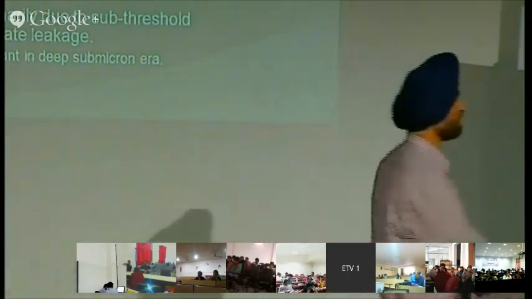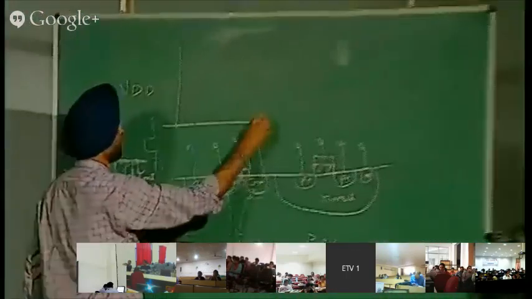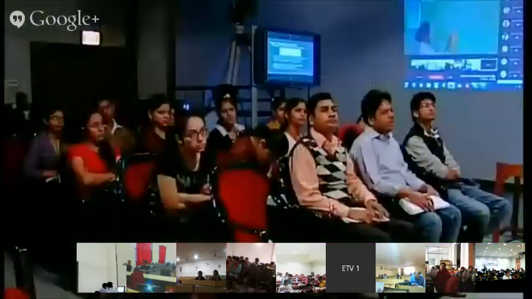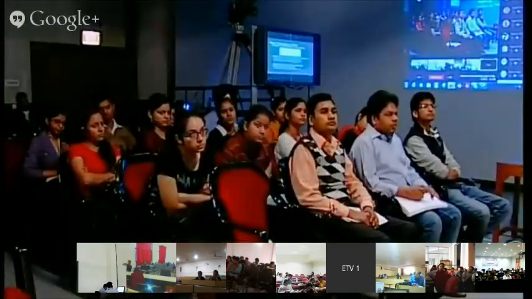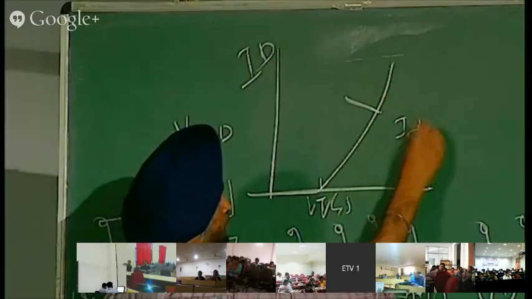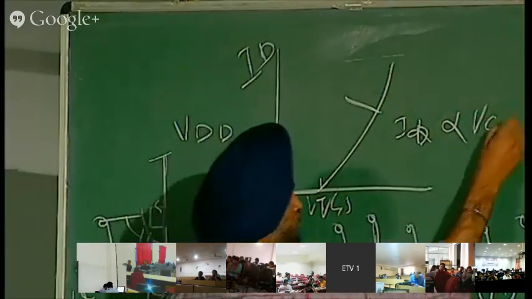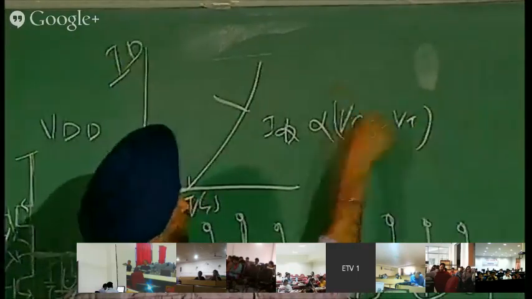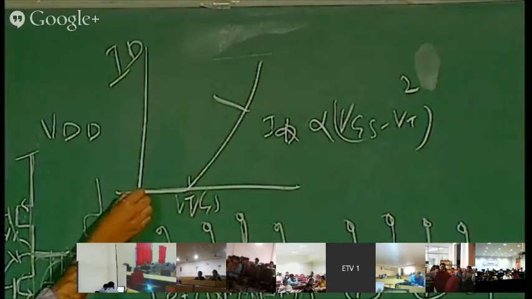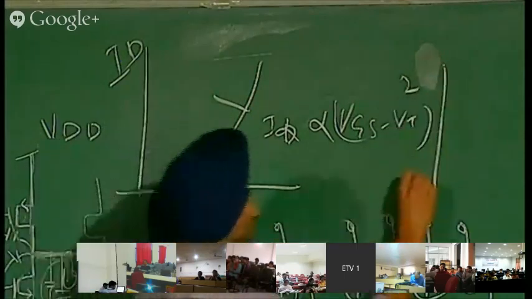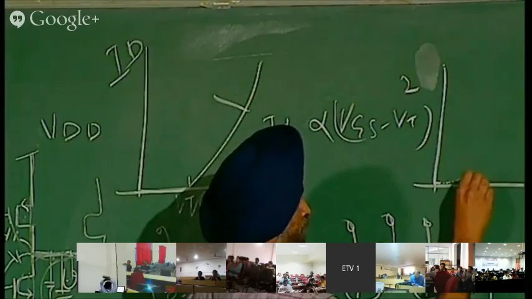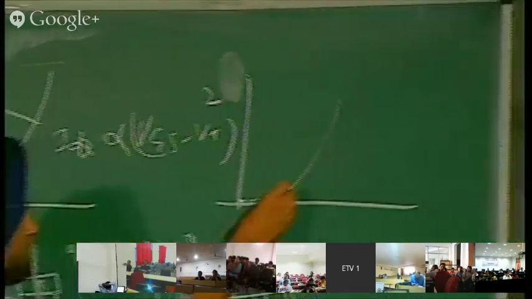So normally in the books, we draw ID versus VGS, this is VT, and we show that this curve ID is proportional to (VGS minus VT) square. This is okay, but it is not exactly like this. Basically, there is some current always flowing like this. So at VT it shoots up like anything. So there is always some current.